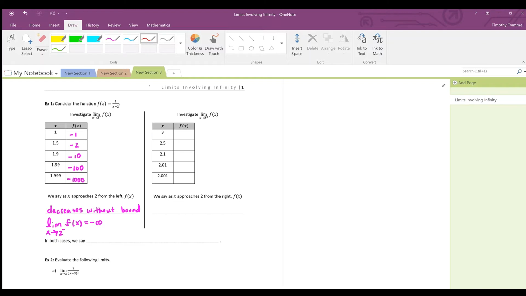Okay. And then if we were to fill out this right-hand side real quick, it would actually look pretty similar. It would be 1, 2, 10, 100, 1,000. And in this case, we say as x approaches 2 from the right, f of x increases without bound.